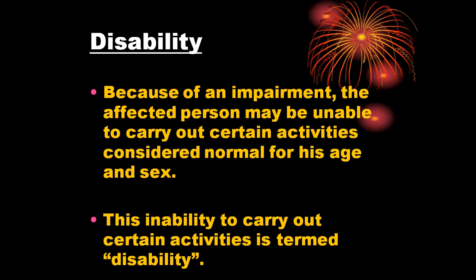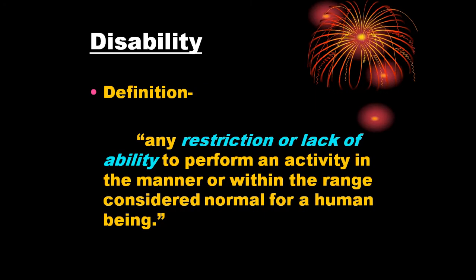Therefore, impairment causes disability. A restriction or lack of ability to perform an activity in the manner or within the range considered normal for a human being. These are long definitions. You can write your own definition without mugging up from the book, provided you understand the subtle differences between impairment and disability.